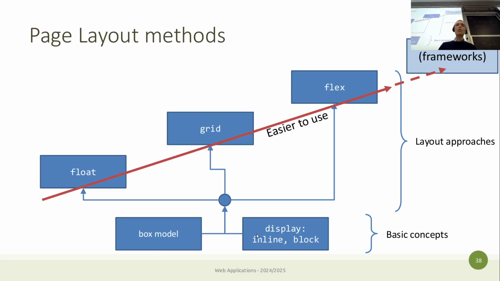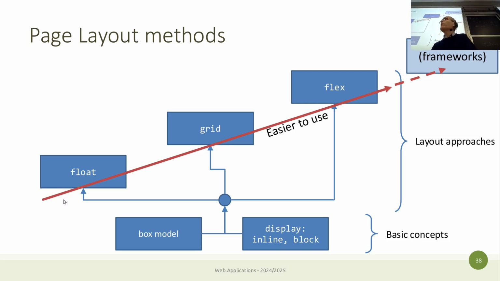So with this box model, each box can be displayed in two different modalities: the inline, left to right, wraps at the end, or box block one after the other on a new line. And then we use properties to decide where to put these box models around. Okay.